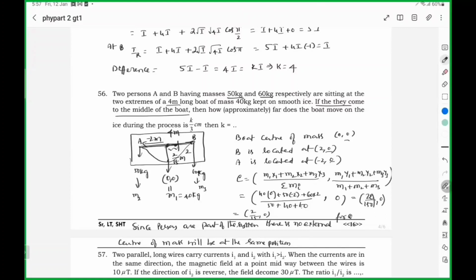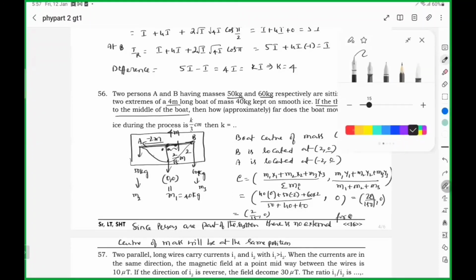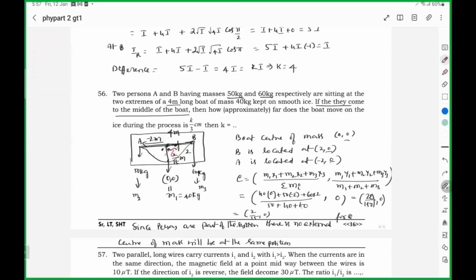So what will happen when persons move towards the center is that the boat will shift, towards this point, because the center of mass will be the same.